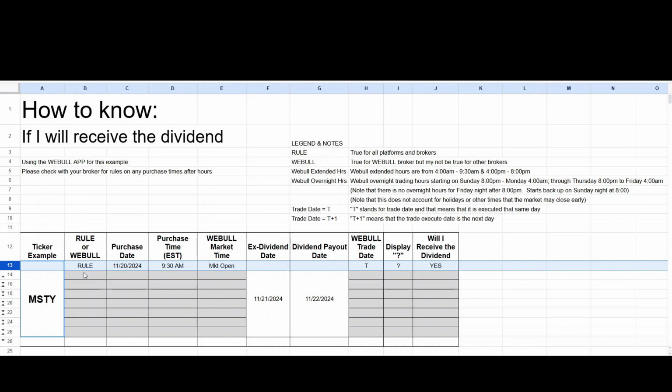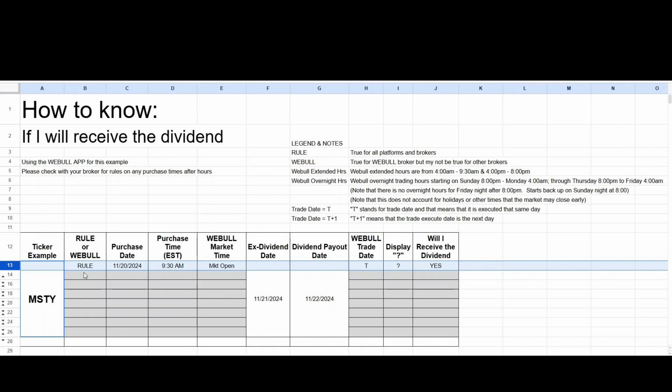Is it a T or is it a T+1? T meaning the trade date, and a T+1 would be the trade date plus 1 day. If a position is just a T, then if you buy it on that day, it executes and it is yours for that day.